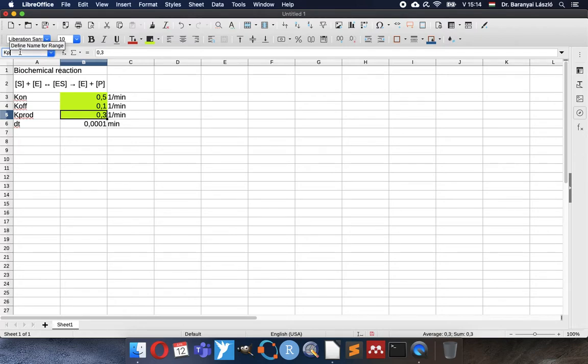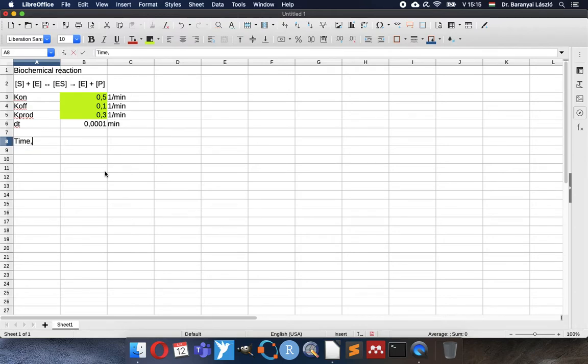And here is the production. Now you can see that I use names: key on, key off, and key production, kinetic constant values, and dt for time resolution, because it will make my calculation more easy, more smooth, easy to read.